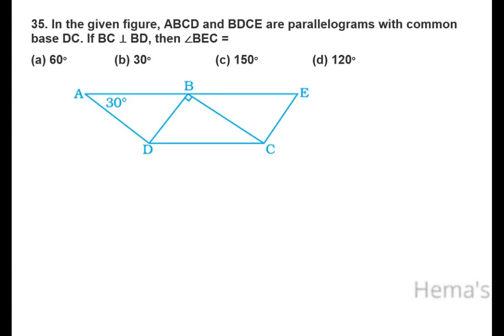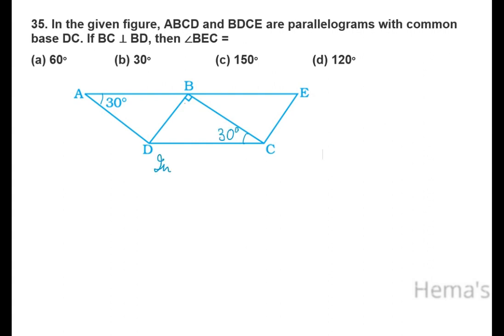Question 35. In the given figure, ABCD and BDCE are parallelograms with common base DC. If BC is perpendicular to BD, then angle BEC is equal to. Now, in this figure, ABCD is a parallelogram and angle A is equal to angle C because they are opposite angles of a parallelogram. Hence, angle C is also equal to 30 degrees.